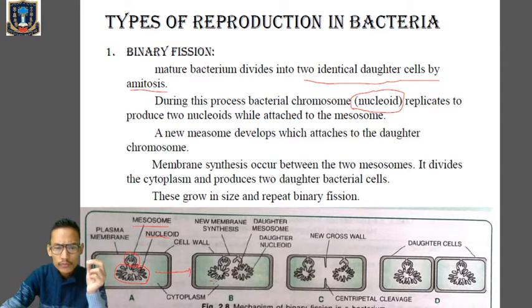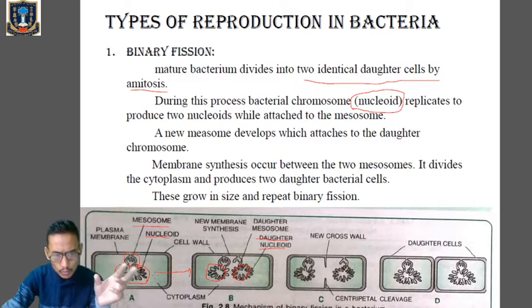Can you see here? This is the first nucleoid and this is the second nucleoid, or we can say daughter nucleoid. So the parental nucleoid has been divided into two. This one is the daughter nucleoid. Clear? But still, these nucleoids are attached to the mesosome.